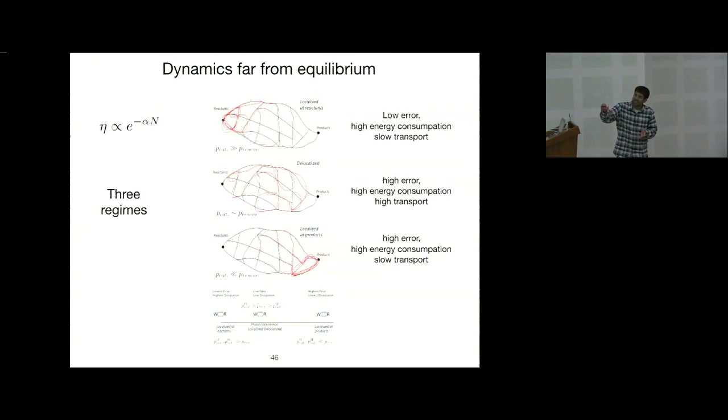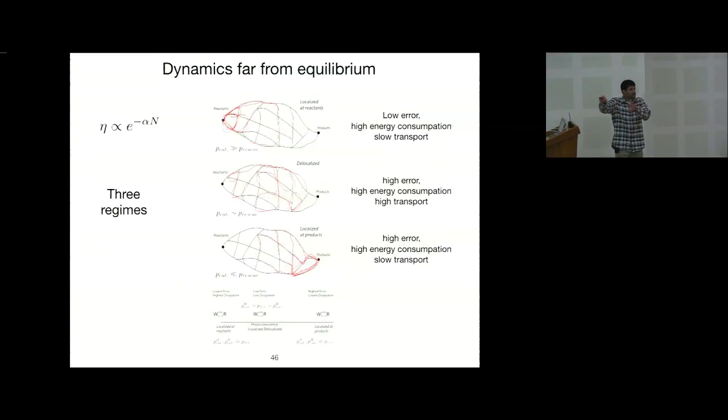It's just that this delocalized region consumes a lot of energy because you keep transporting things in, and so having an idea of these regimes allows us to answer questions about trade-offs between energy consumption and efficiency. In this regime you consume a lot of energy, but you get high transport. In this regime, you consume very little energy, but you get very low transport, and so you can start asking questions about how you want to optimize your features.